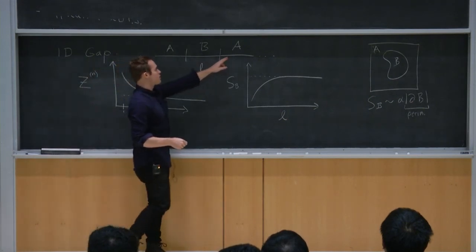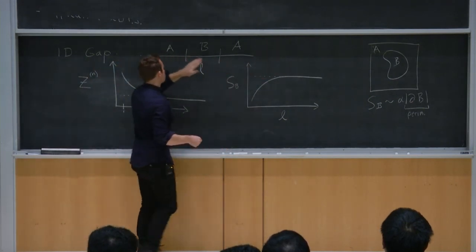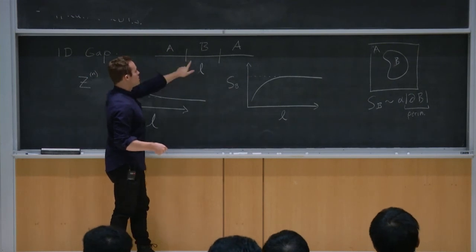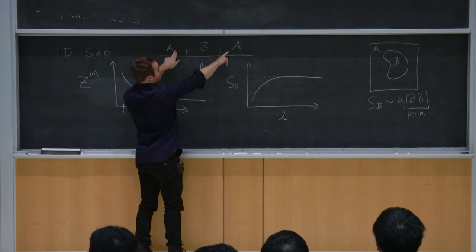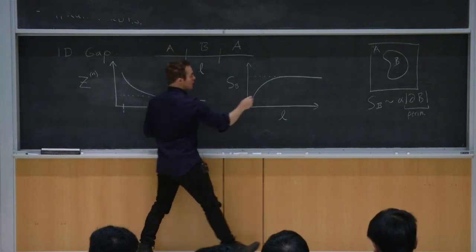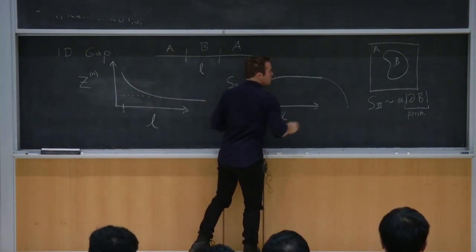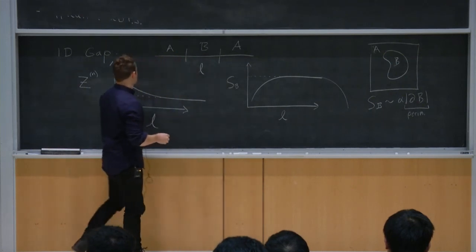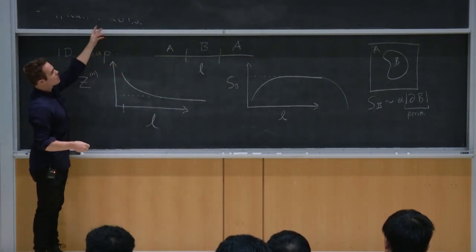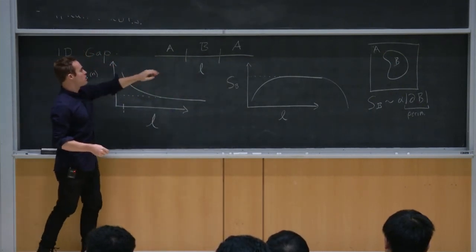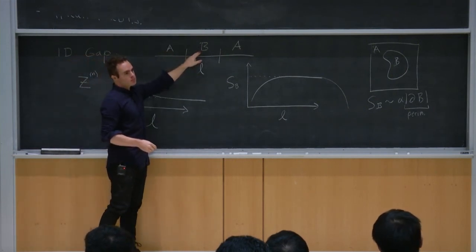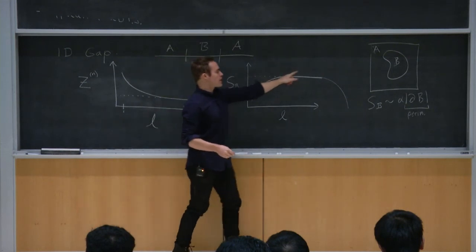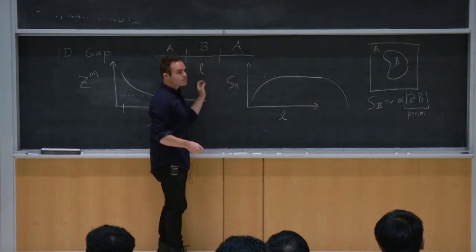Though the difference is, let's say it did end right here, and I repeat this experiment, eventually B starts getting bigger than A, and this would actually come back down. Because it turns out that for pure states, by the definition of the entanglement entropy, the entropy of A is the same as the entropy of B. So it actually has to come back down in the case where this is finite.